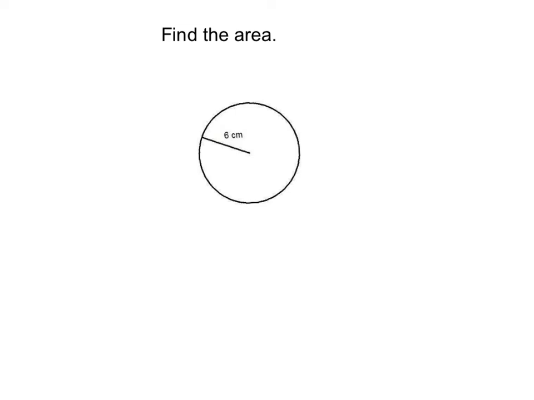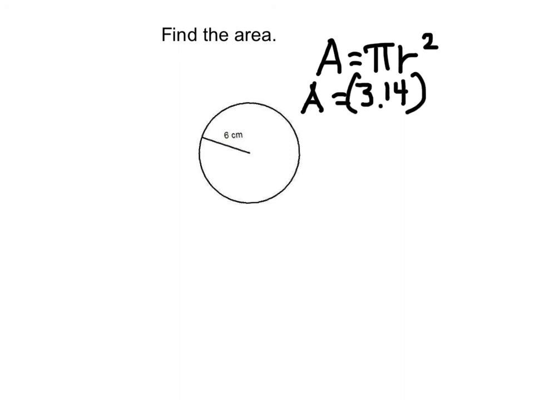Welcome back from pausing the video. So again, pi times radius squared is the area. The radius of the circle would be 6 centimeters, and pi is 3.14 for our approximate value. So it's going to be 6 squared.